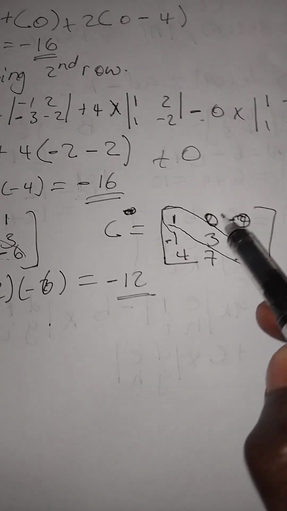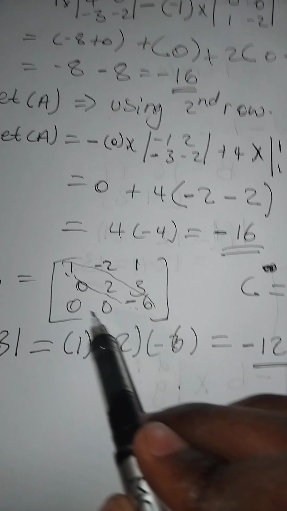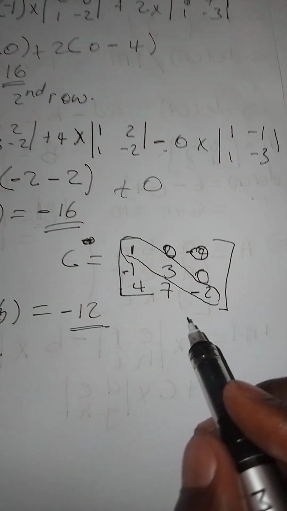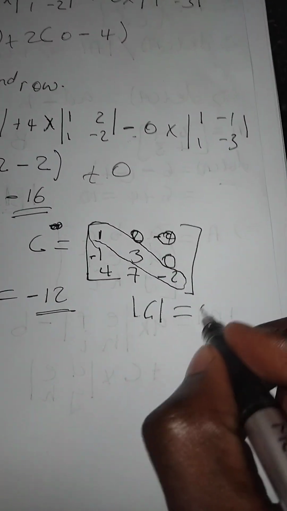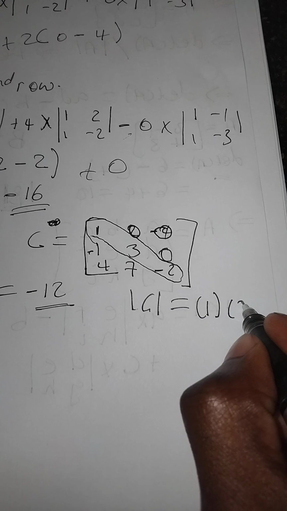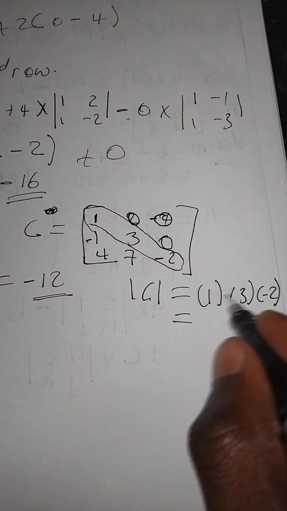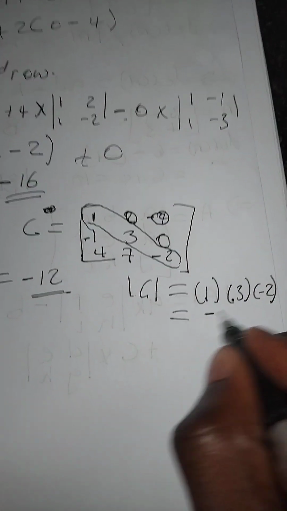Yeah, so since all entries here are zeros, like here we saw all the entries below the diagonal were zeros, but in this case all the entries above the diagonal are zeros. That means the determinant of matrix C is just going to be 1 by 3 by minus 2, like that. So that is 1 by 3 is going to be 3 by minus 2, minus 6.